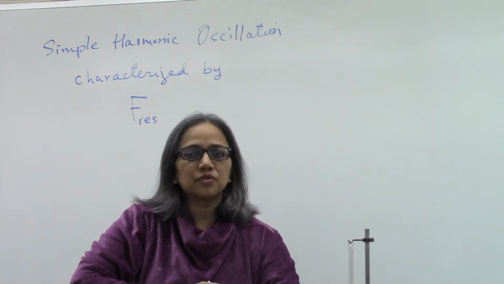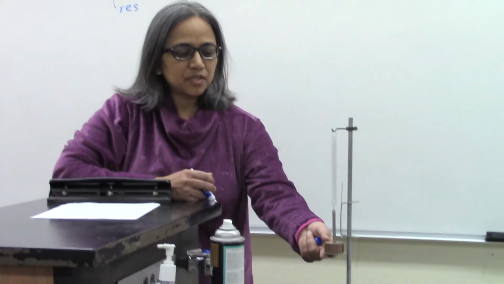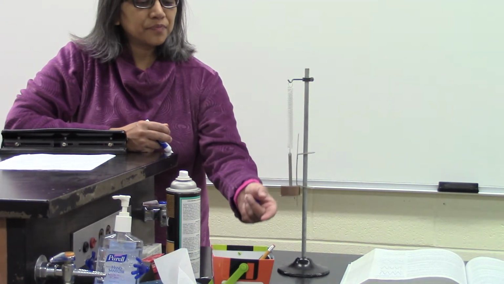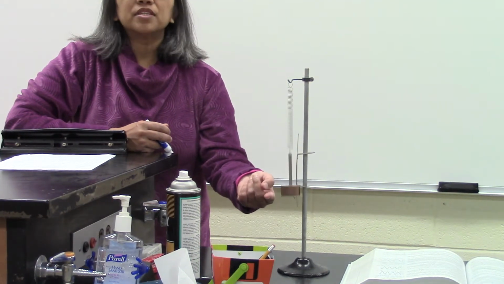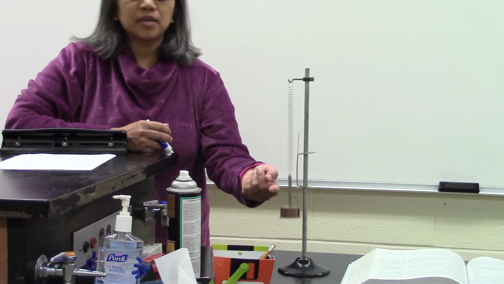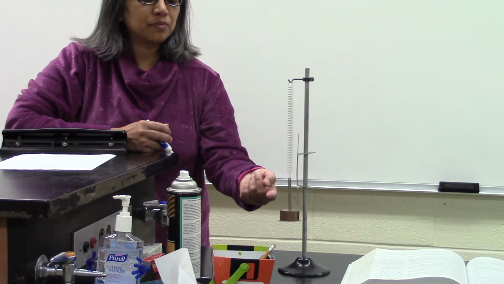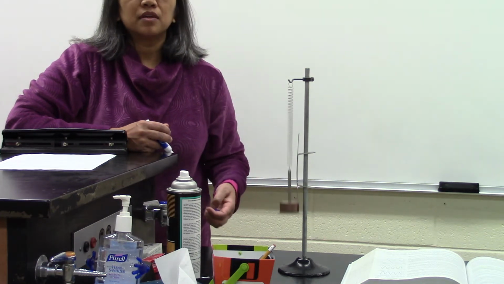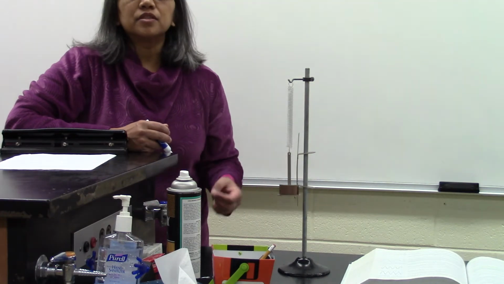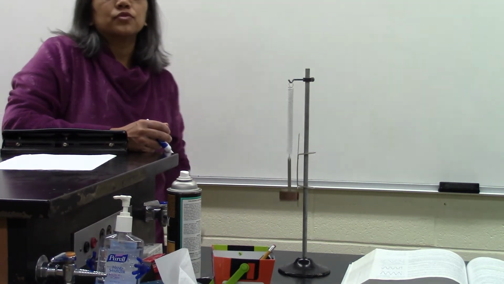So look at this. If you look at this mass spring system, this is its equilibrium position. When it's oscillating, at any moment in time, it's displaced from its equilibrium position, except when it's actually passing through equilibrium. So that displacement, something we call x, is what we are considering when we look at the restoring force over here.